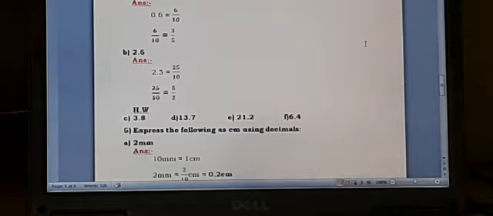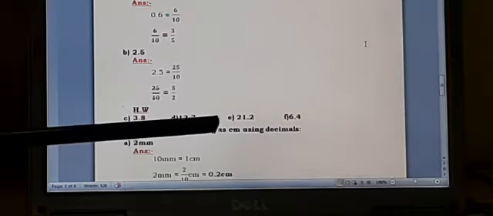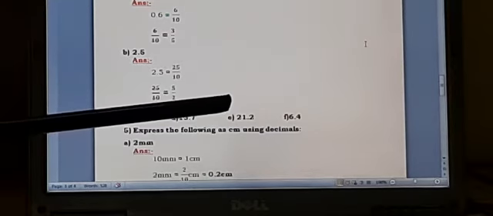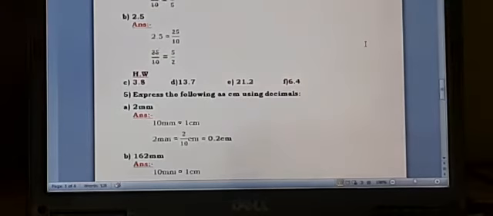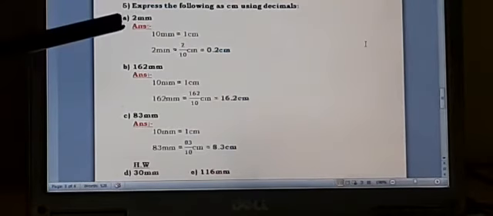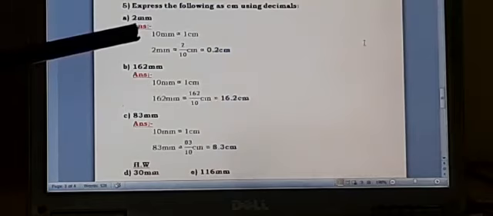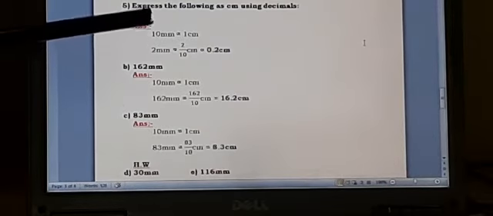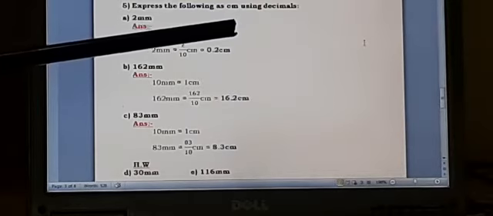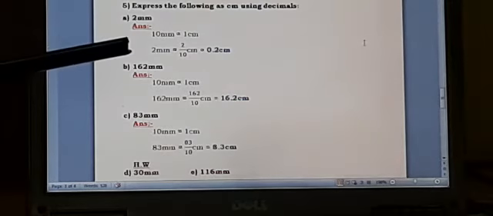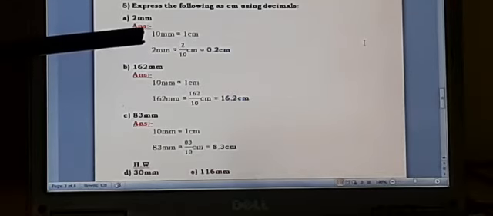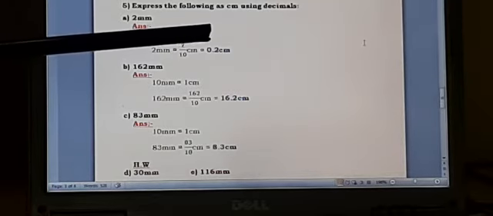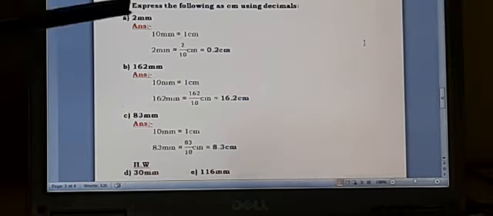Next, express the following as centimeters using decimals. Here they have given millimeter, mm, the short form of millimeter. So convert 2 millimeter into centimeter using decimals. We have already learned that 10 millimeter equals 1 centimeter.